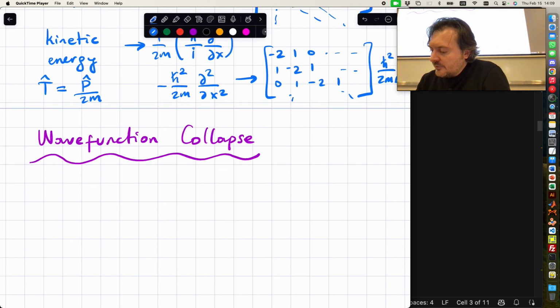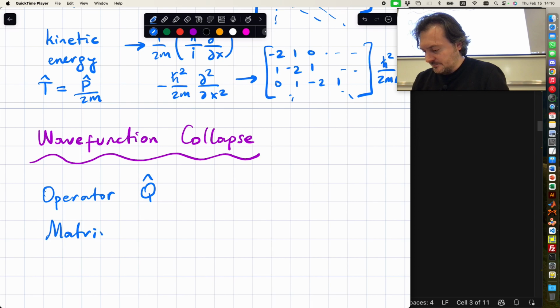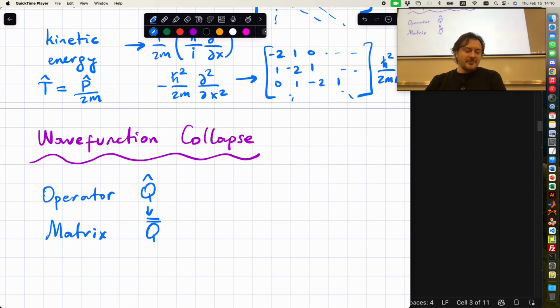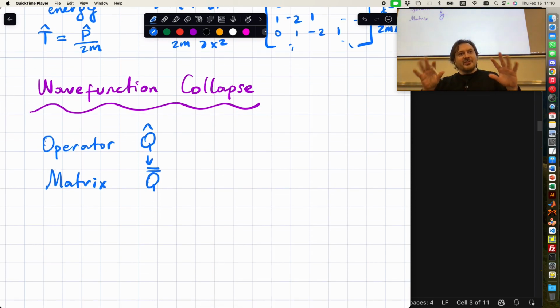To understand wave function collapse, let me remind you that operators, so I will take an operator Q and show it with this hat. Whenever I put a hat, it's an operator, but I sometimes forget. That operator was really a matrix, right? Now, I didn't tell you, but all the measurable stuff are Hermitian matrices.